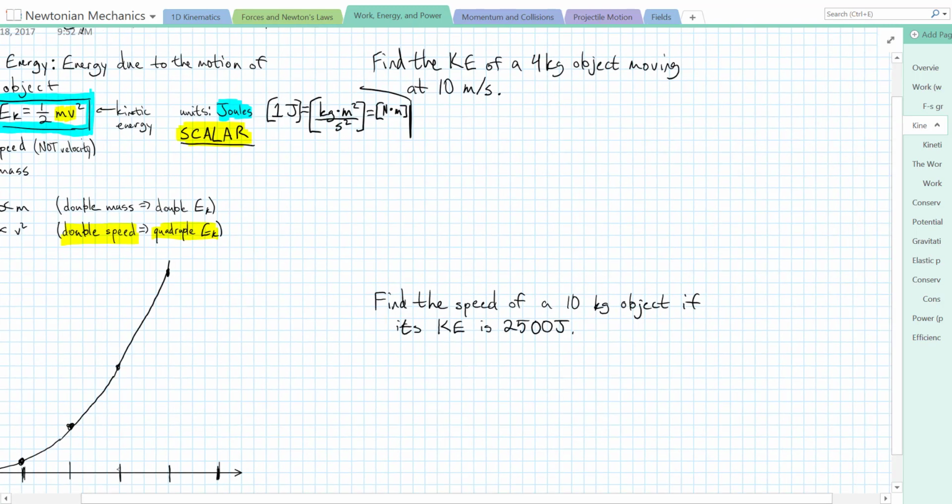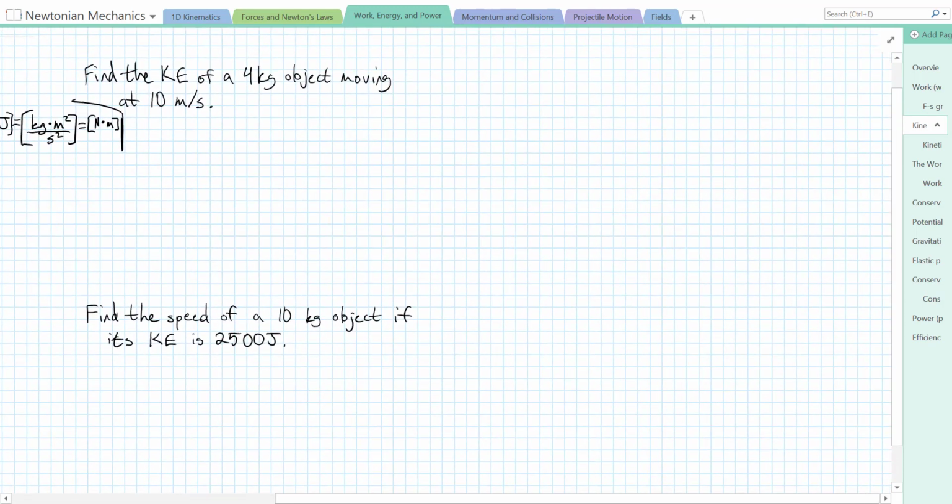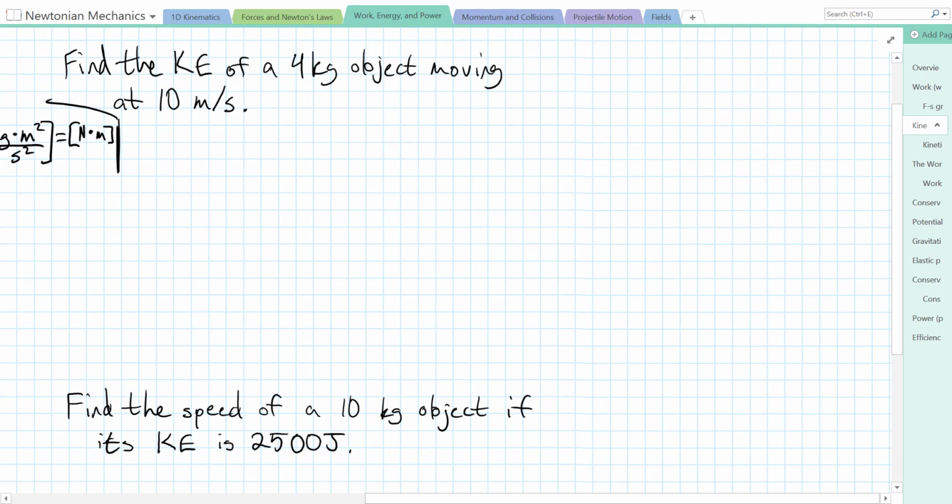Let's do a quick basic calculation using the kinetic energy formula. Find the kinetic energy of a 4 kilogram object moving at 10 meters per second. So kinetic energy is equal to 1/2 mass times speed squared. And we have all of our givens. 4 kilograms is our mass, 10 meters per second is our speed.